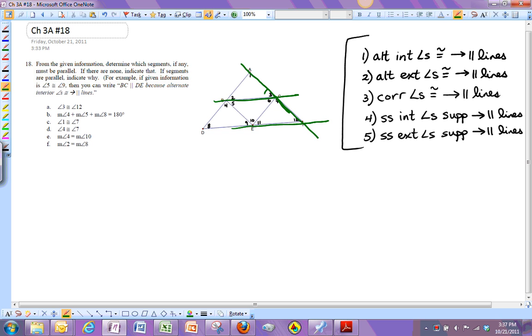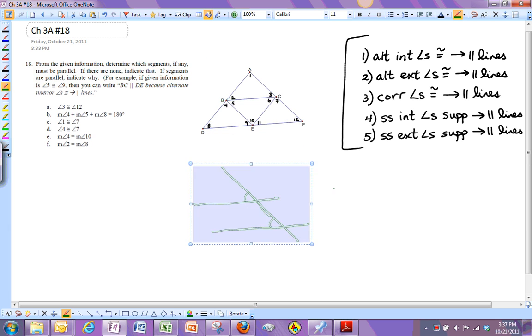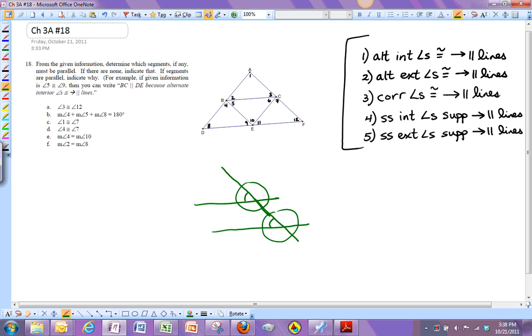If I highlight 3 and 12 and move this over, you can tell that they're in the same location in each chunk. They're each in the top left. Those are corresponding angles, and we're told they're congruent. 3 is congruent to 12. So that means that these 2 lines are going to be parallel right here.